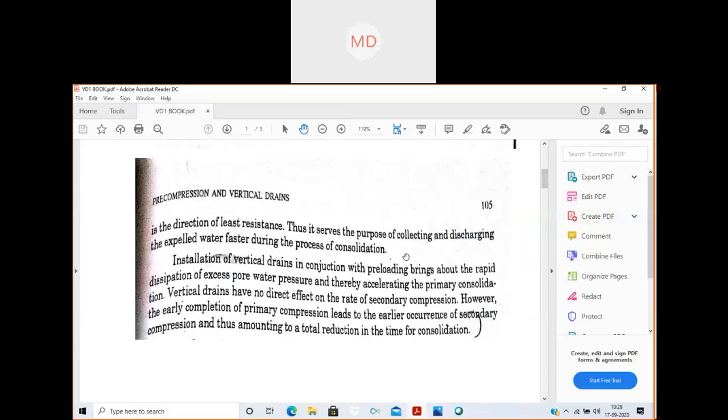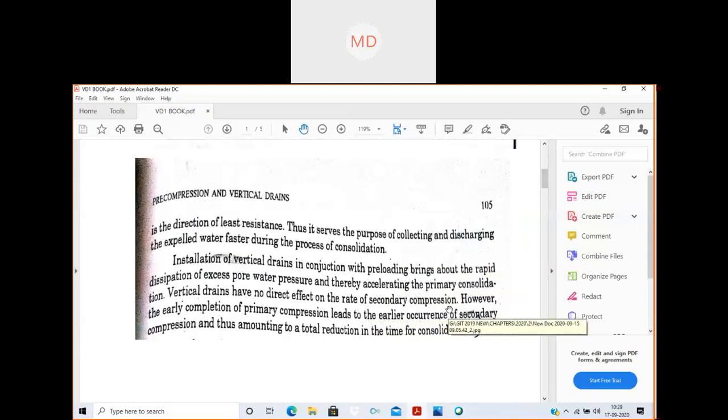Thus, it serves the purpose of collecting and discharging expelled water faster during the process of consolidation. So, installation of vertical drain in conjunction with preloading brings about rapid dissipation of excess pore water pressure, thereby accelerating the primary consolidation. Vertical drains have no direct effect on the rate of secondary compression.